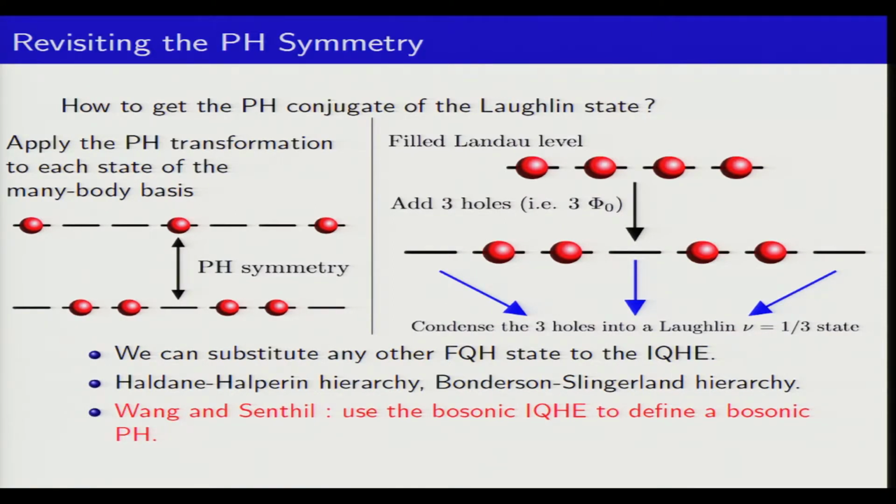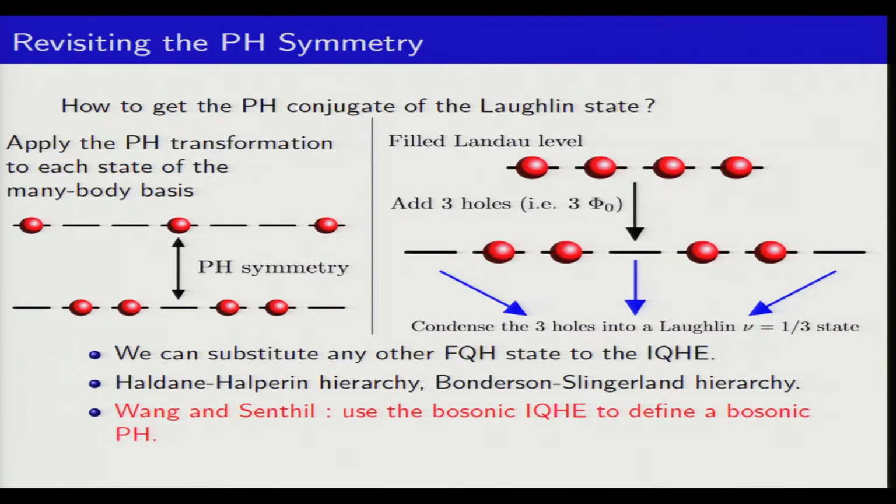But actually, there's another way to think about this particle-hole conjugation, and it's namely the following. Let's say you start with a filled Landau level. So in this situation, I have 4 flux quanta and 4 particles. Now let's add 3 flux quanta to the system. In the usual picture of the quantum Hall effect and the fractional quantum Hall effect, adding flux quanta will create quasi-hole excitations.